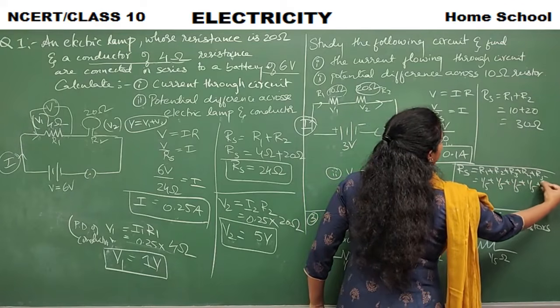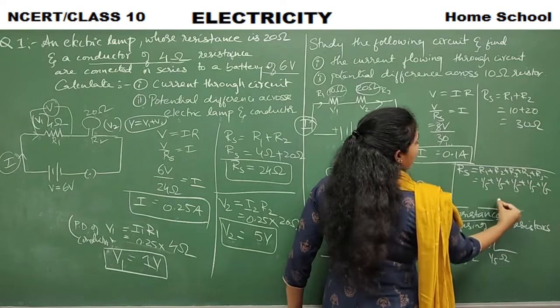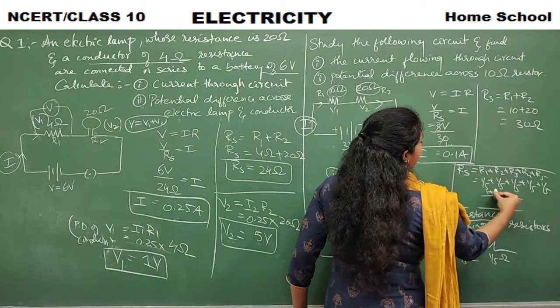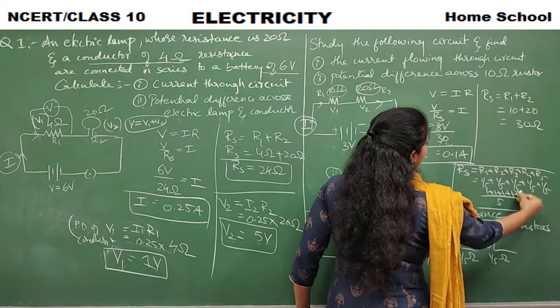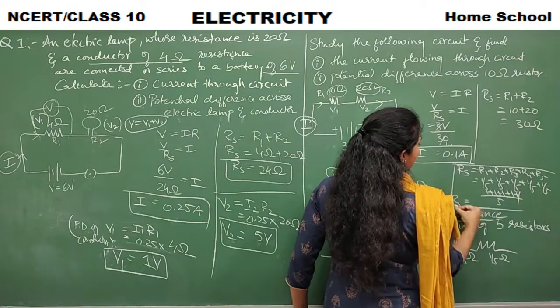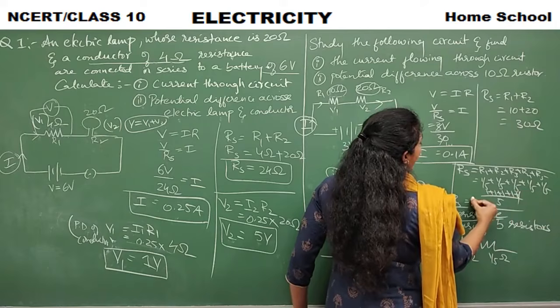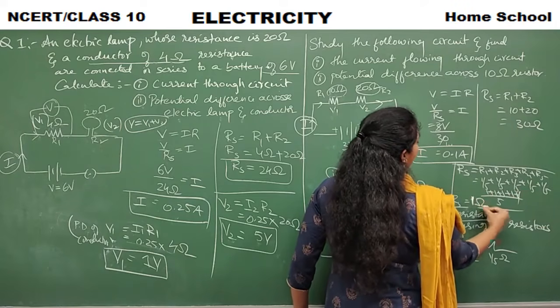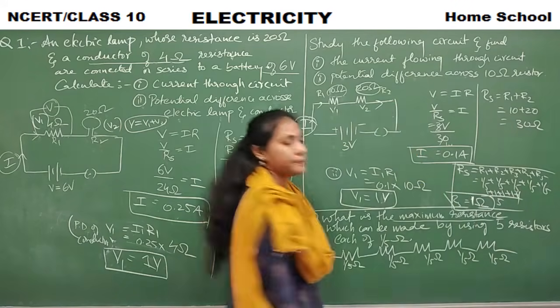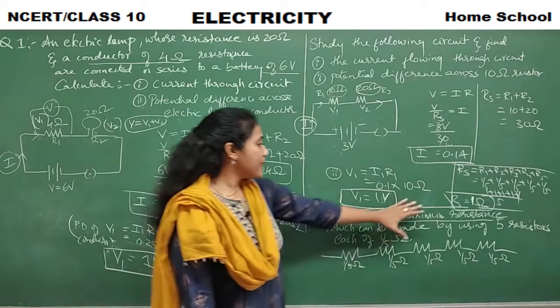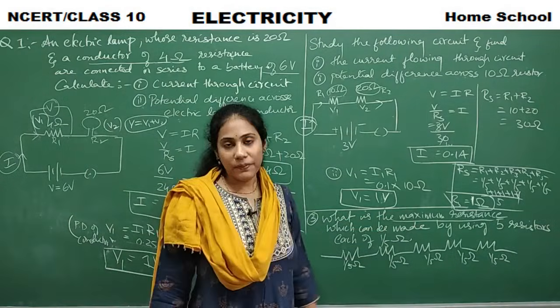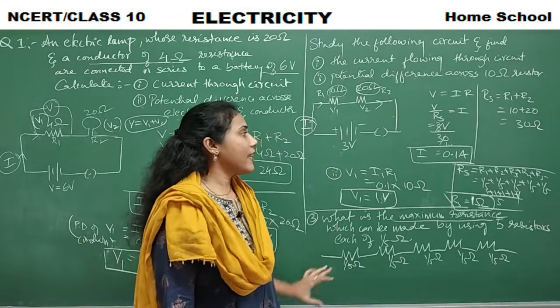So how much do you get? 1 plus 1 plus 1 plus 1 plus 1, that is 5. So RS is equal to 5 by 5. That is 1 ohm. Okay. So this is another board question. Okay. So 2 models I have shown you.